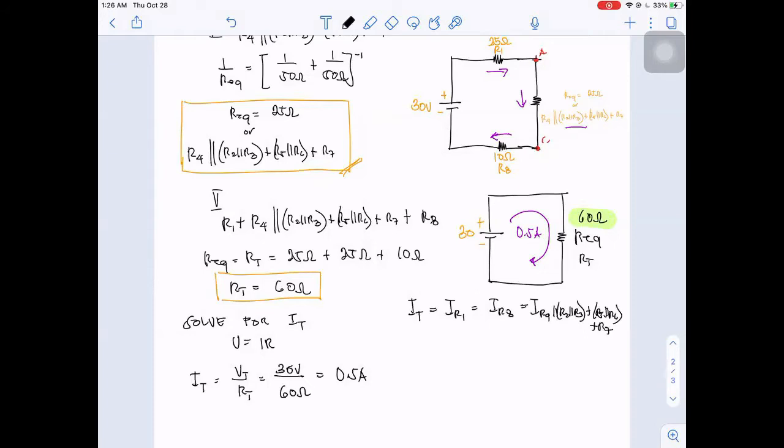All the current flowing in these resistors is equal since they are connected in series.